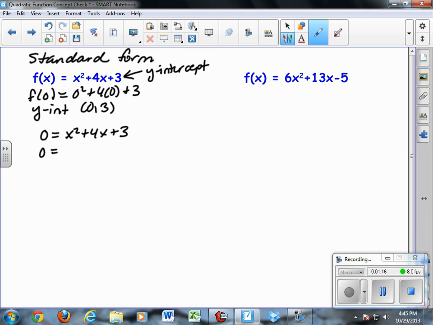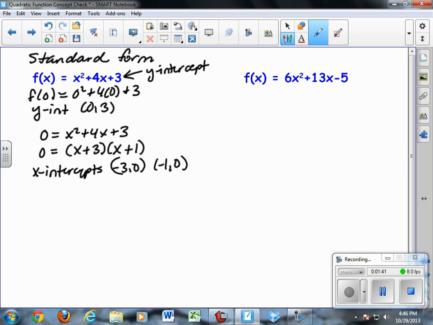This particular one factors, but I'm also going to show you quadratic formula because I want to show you another way to find the vertex that involves the quadratic formula. So if I factor this, it factors to x plus 3, x plus 1. So my x-intercepts are going to be -3, 0, and -1, 0.